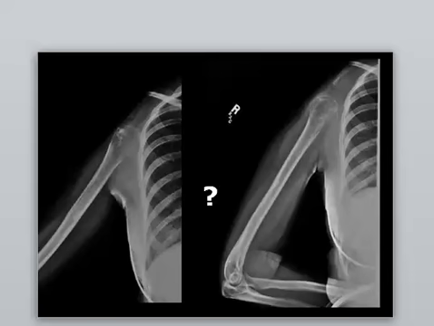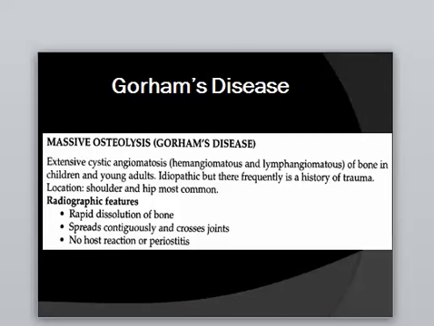Here you get something strange. There is vanishing bone lesion here and there, and this is famous as Gorham. Gorham's disease is the massive osteolysis due to angiomatosis of the bone. Apparently there is rapid dissolution of bone.